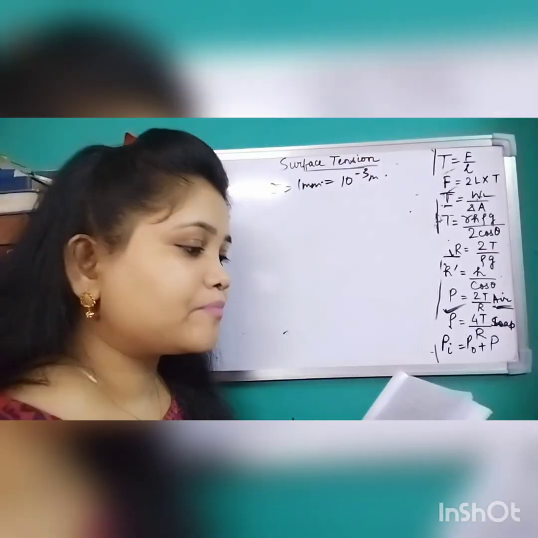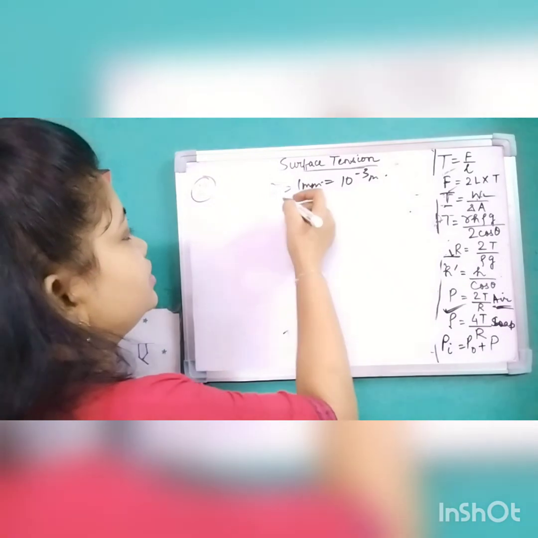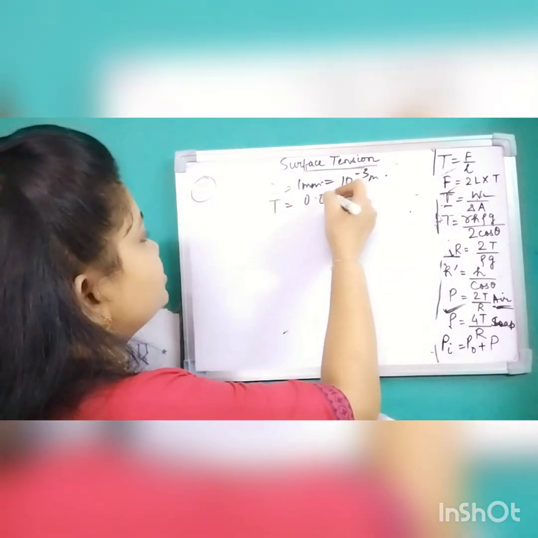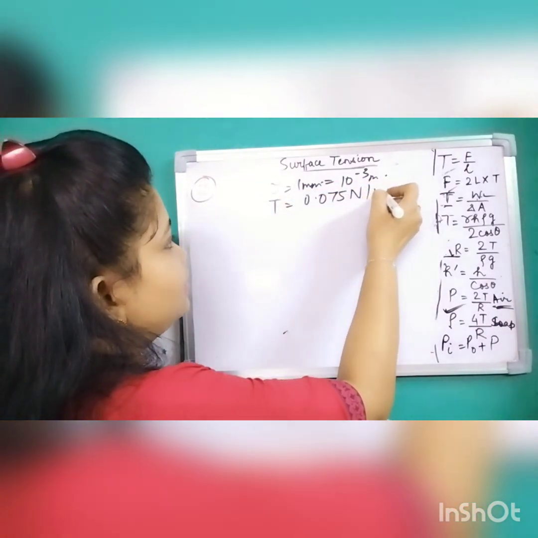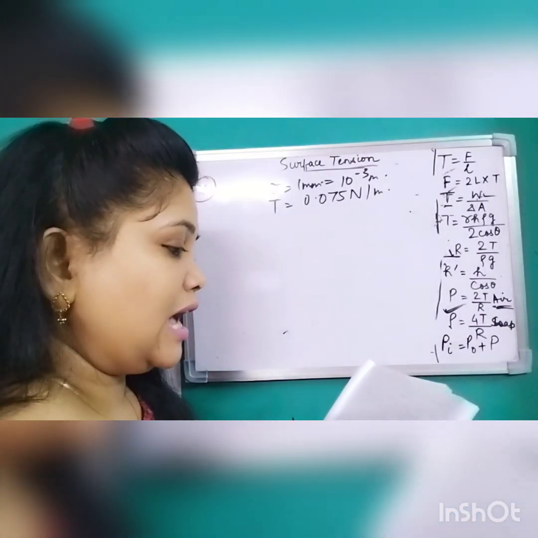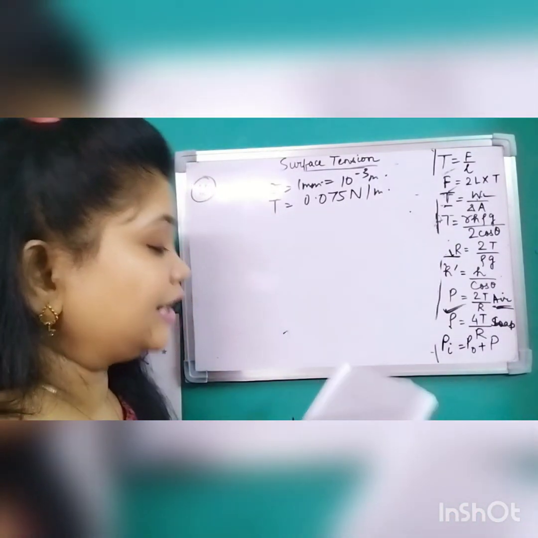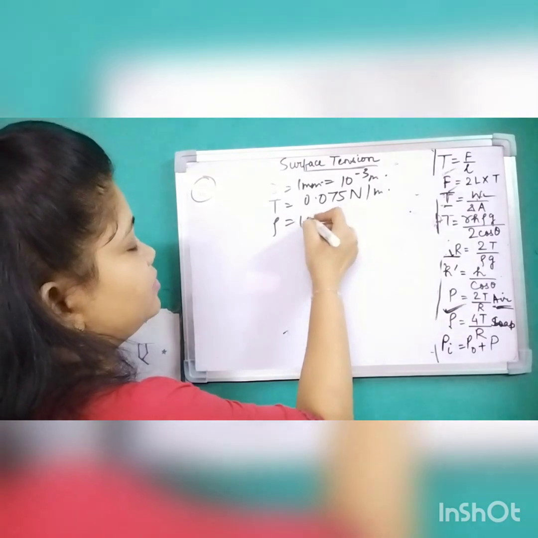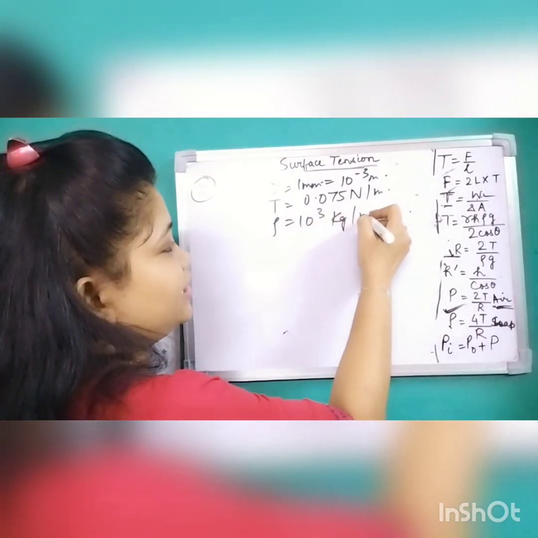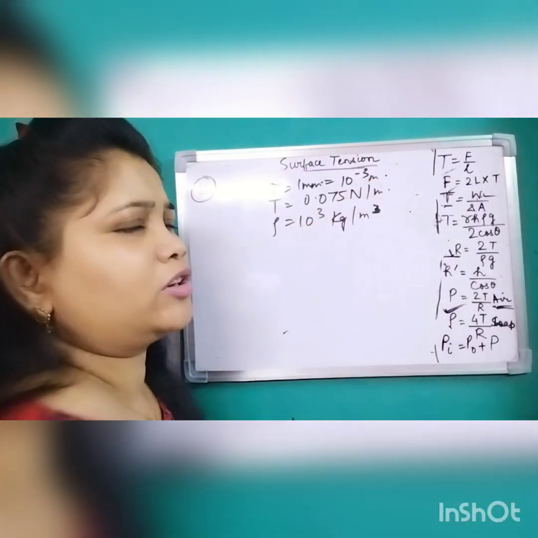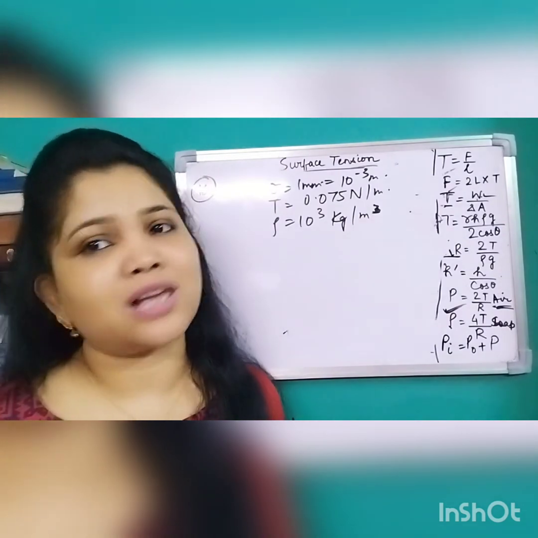I have converted it. In a liquid of surface tension T given as 0.075 Newton per meter, and density rho given as 10 to the power of 3 kg per meter cube. Here they have given the density. If it is not given also, don't worry. You know the density of water is 1000 kg per meter cube.